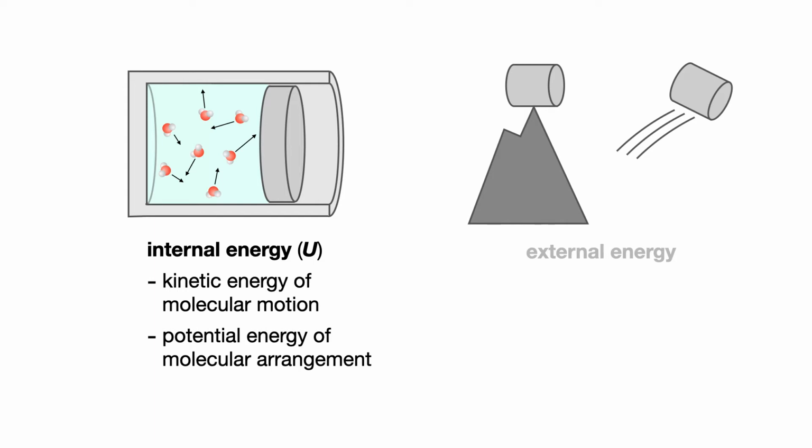But those parts of the energy are external to the system, so they're not associated with the arrangement and energy of the molecules themselves. And so, although external energy is important, it's not really relevant to studies of chemistry. When we're interested in changes in matter, we're interested in the internal energy of the molecules in a system.